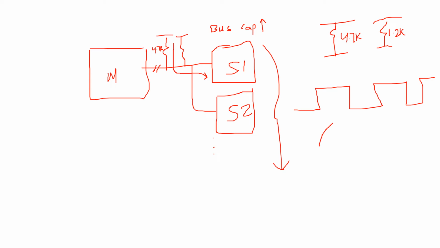Now this current will charge the capacitance on the bus, so it slowly increases. Now if you want to reduce this rise time, definitely you need to source the current faster. That means instead of 4.7K, you have to reduce the pull-up resistance to, for example, 2.2K or 2.5K or 1.2K, whatever, to increase the current sourcing such that the signal rises quickly.